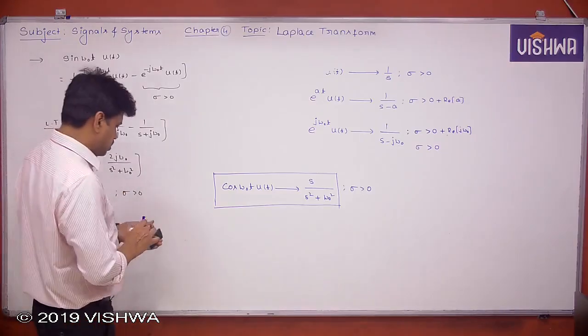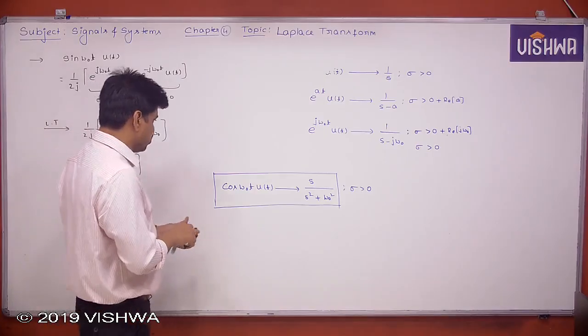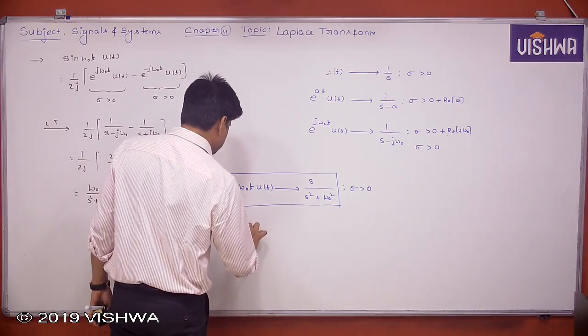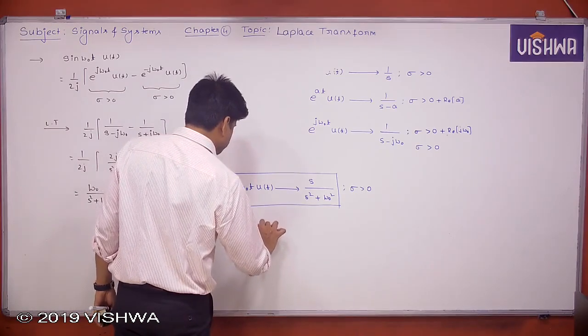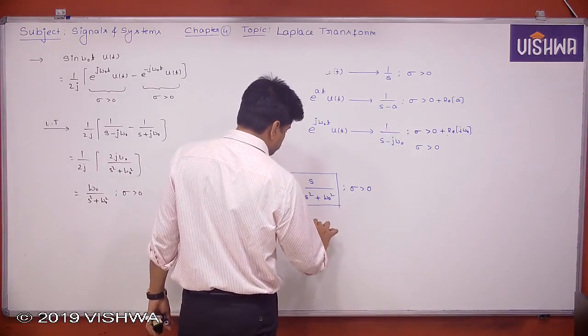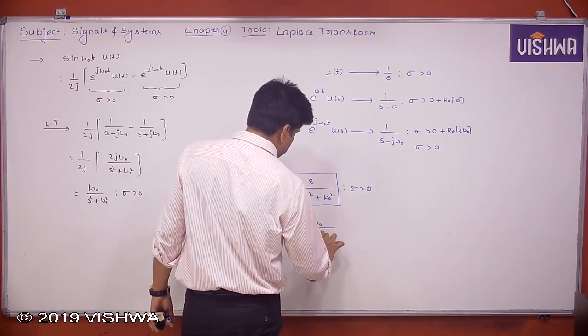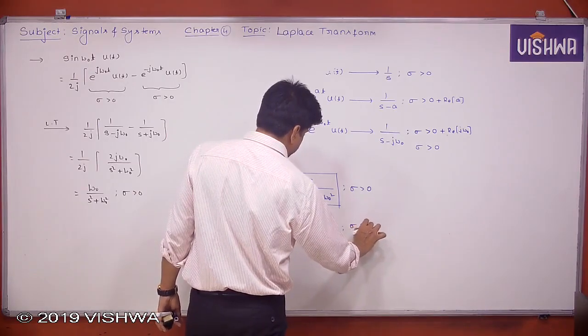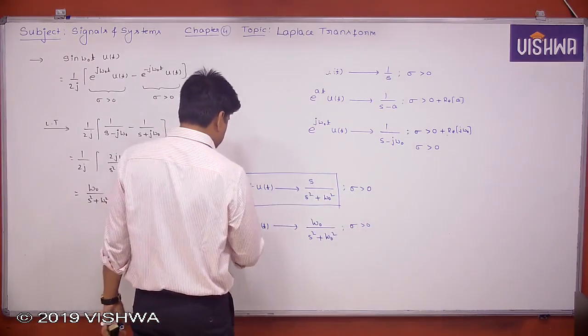So for sin omega naught t u of t, we can remember omega naught by s square plus omega naught square with sigma greater than 0.